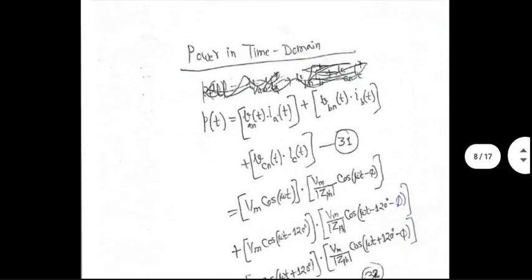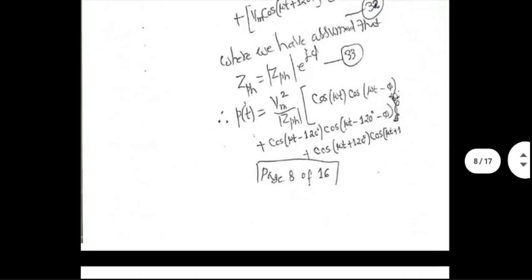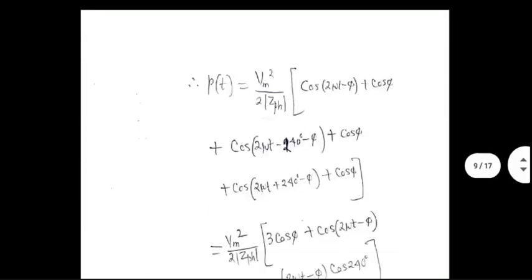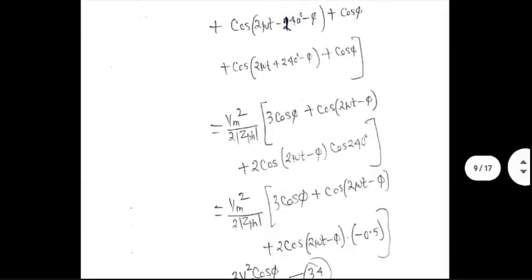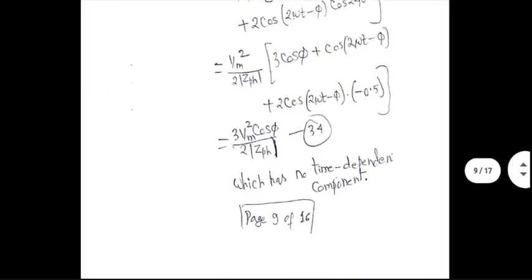Then I also showed that in time domain, if we calculate the instantaneous power and simplify the result, you can go through this derivation. It turns out that the time domain power has only a non-time dependent term, which is one of the biggest advantages of three-phase system, that at least in theory they allow the instantaneous power to be free of time dependence.